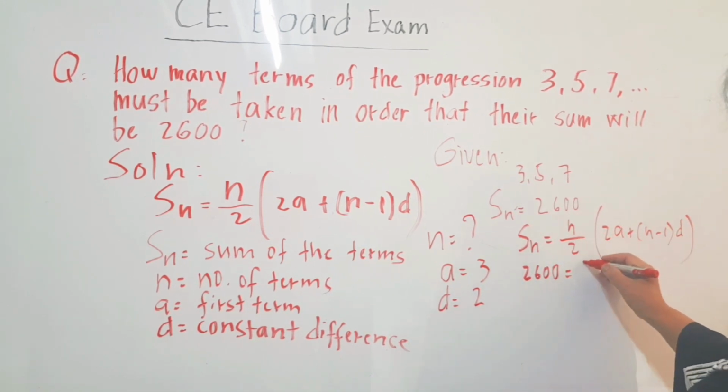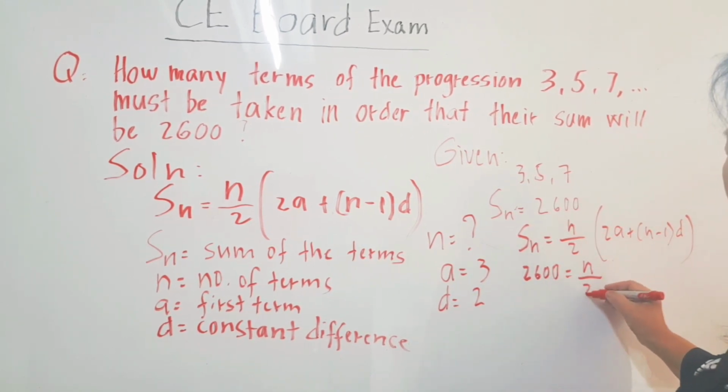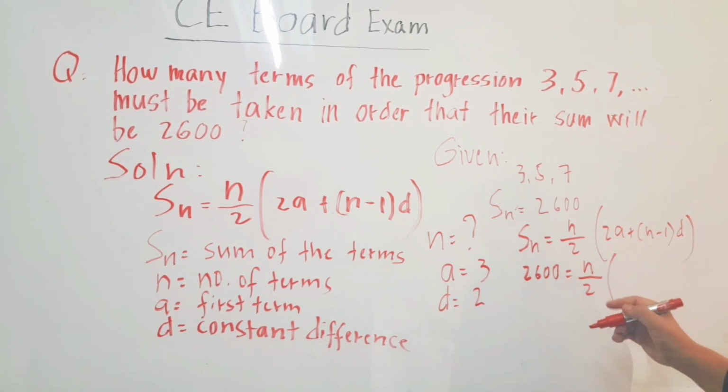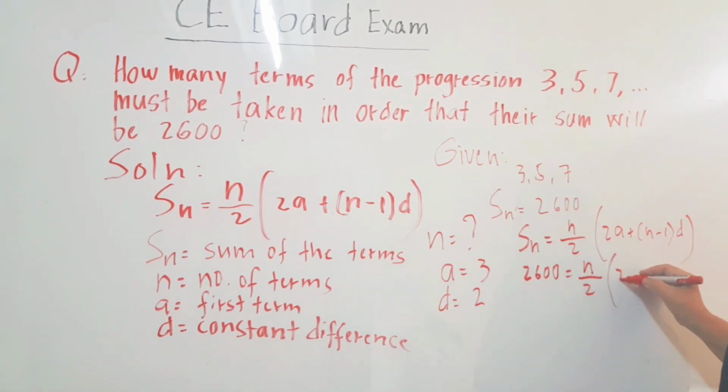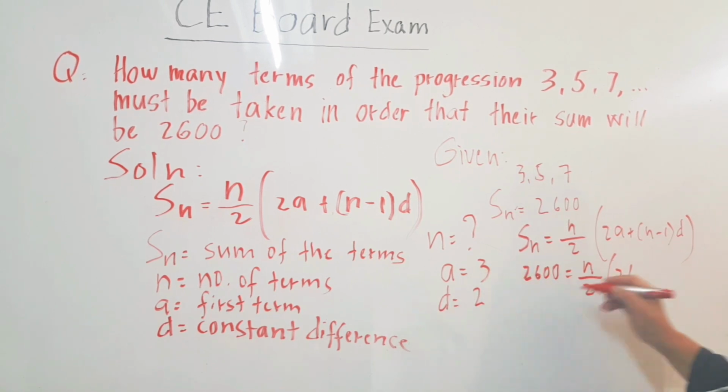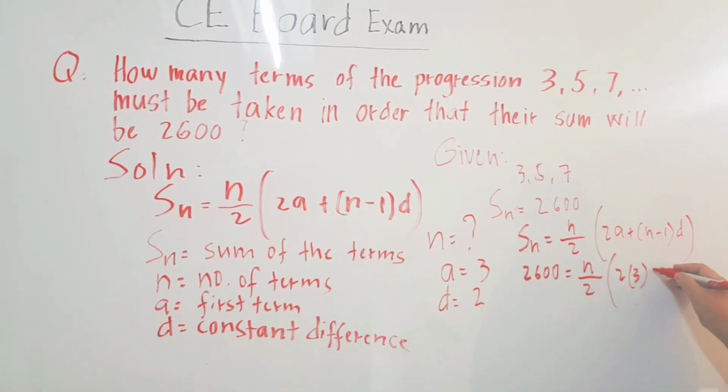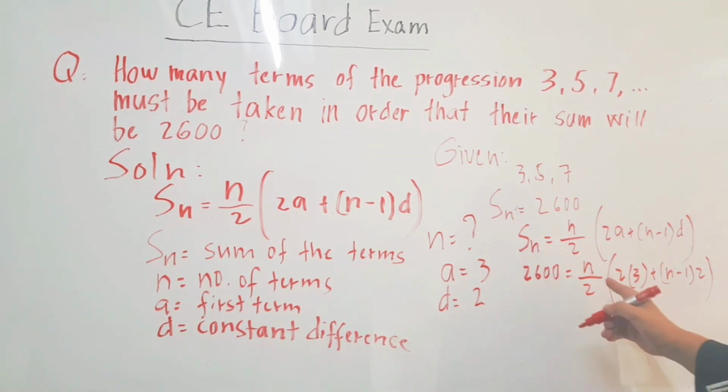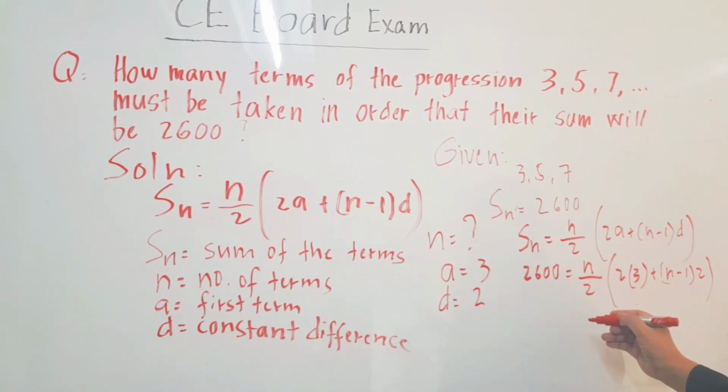The n, this is the one we're looking for, divided by 2, and 2 times a, which is 3, plus n minus 1 times the difference, which is equal to 2. Now, we have only one variable, n. So, we can solve this one.